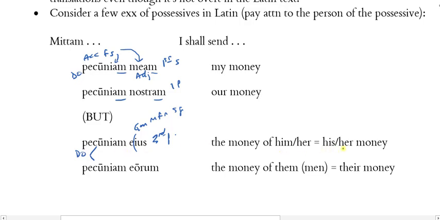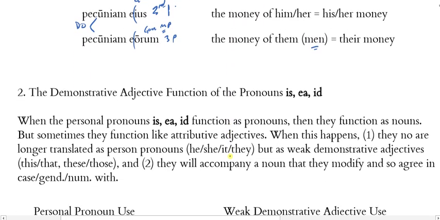That is to say, I will send his money or her money. And then I've got a third person plural form over here with pecuniam eorum. That's genitive, masculine, plural. I am using the genitive pronoun for third person possessors. I will send the money of them. And the masculine choice here means that the them are men. The money of them or their money, the men's money. All right, so those are the strategies.